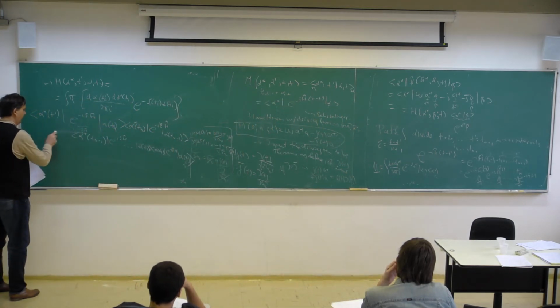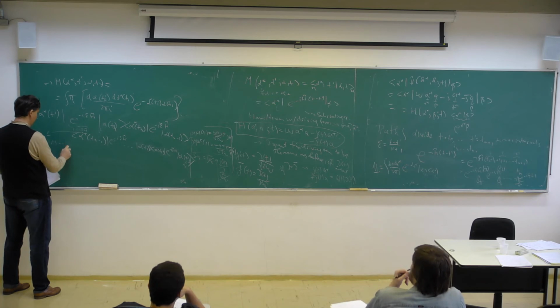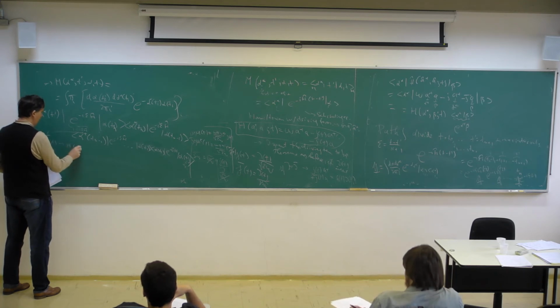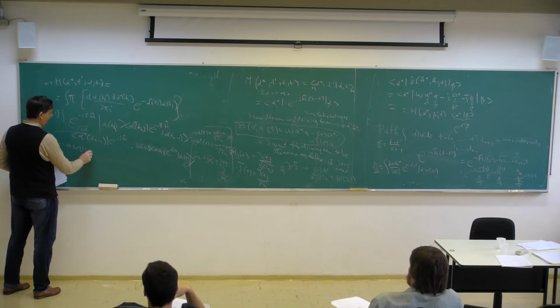So when I write it like this, I can replace H of a dagger a and t, which becomes H of alpha star t prime, alpha star of t prime and alpha of tn.